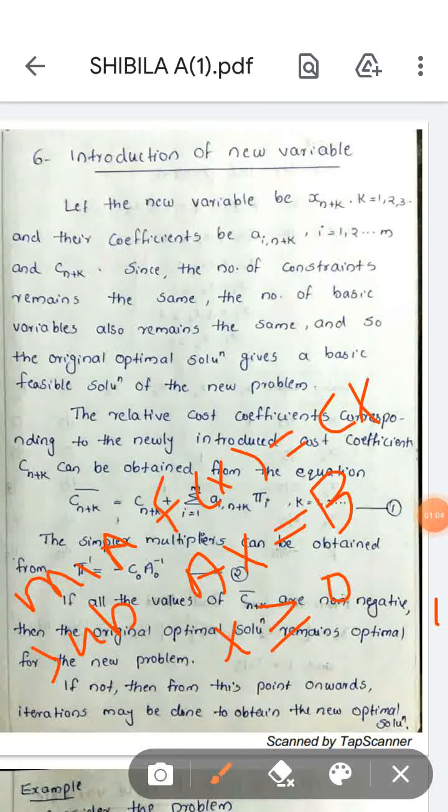We found the solution of the LPP. After finding this optimal solution, suppose we need to introduce a new variable to this LPP.